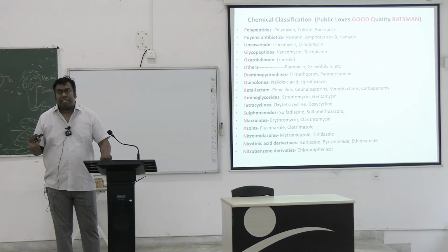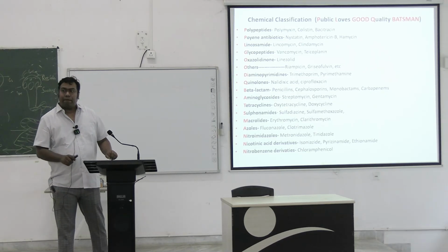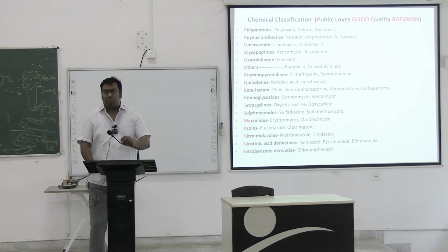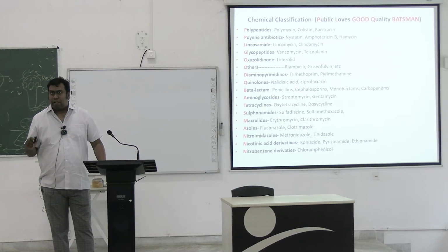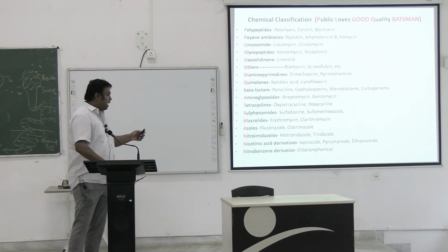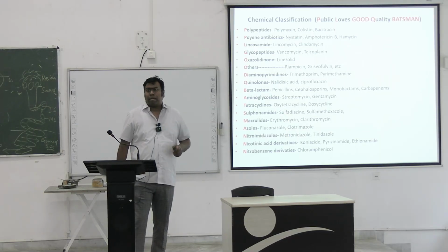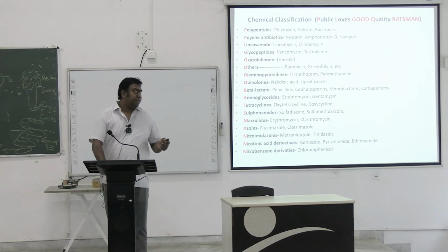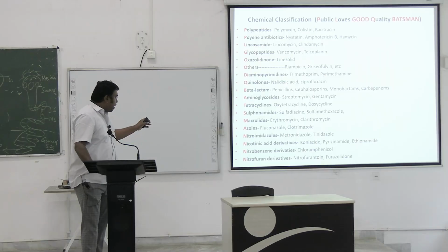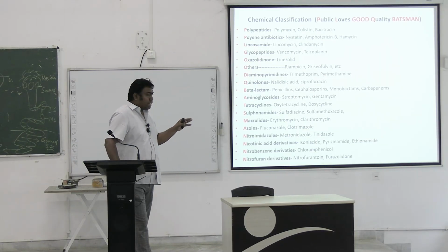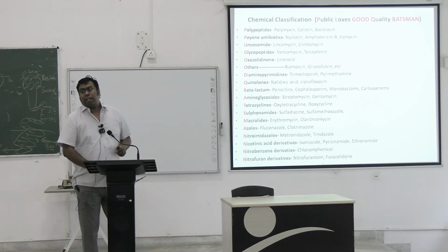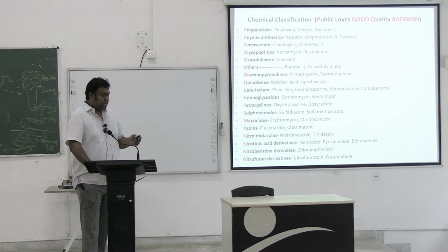So idiosyncratic type of bone marrow depression and gray baby syndrome, these two are the common side effects of chloramphenicol which restrict its use against Salmonella typhi, especially in children. Nitrofurantoin derivatives, nitrofurantoin, are used in urinary tract infection.